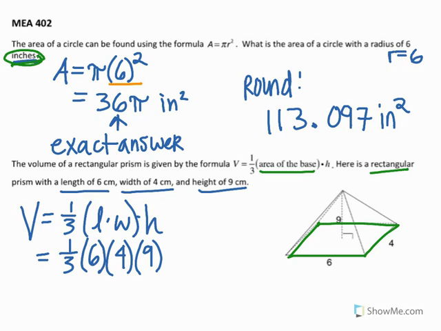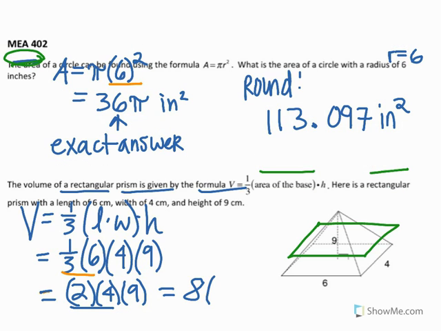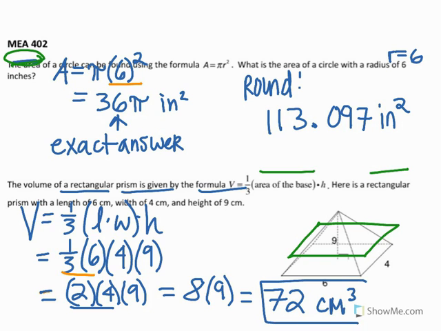So now I'm going to multiply this all out. 1/3 times 6 is going to give me 2. Carry everything else down. 2 times 4 is going to give me 8. And 8 times 9 is going to give me 72. And we're talking about centimeters cubed. And there we go.